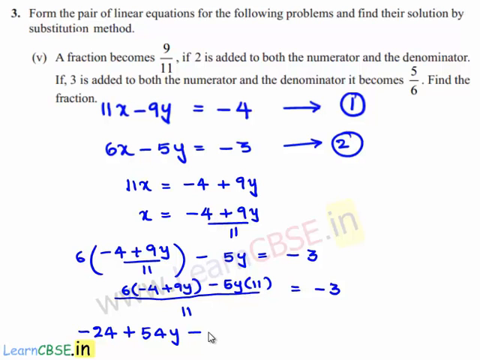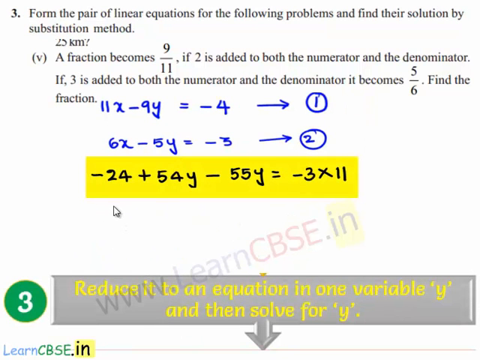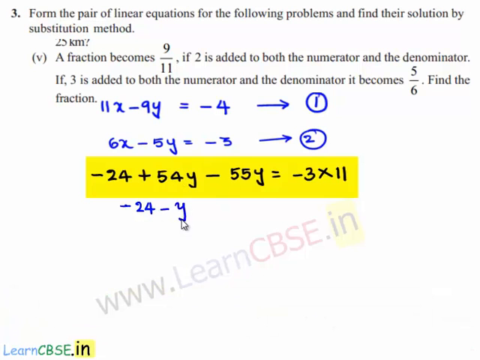So 6 times of minus 4 is minus 24 plus 6 times of 9y is 54y, minus 5y multiplied by 11 is 55y. So 11 can be taken to right hand side. This gives minus 3 multiplied by 11. So this is equal to minus 24 plus 54y minus 55y, which is minus y, and this is equal to minus 3 times of 11 is minus 33.